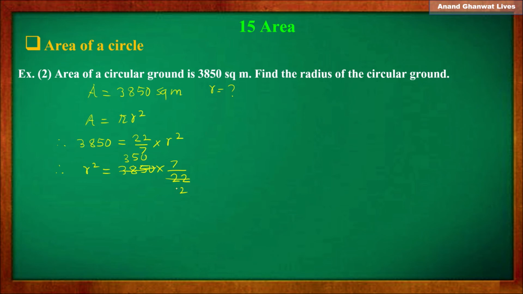So again divide by 2, and we get 175 into 7. r square is equal to 1225. Okay, now taking square root on both sides, r is equal to the square root of 1225, which is 35. So radius of circle is equal to 35. That is the answer of the given question.